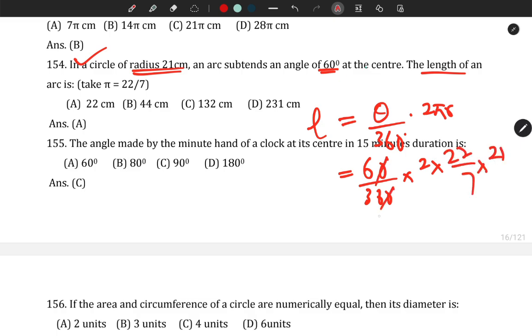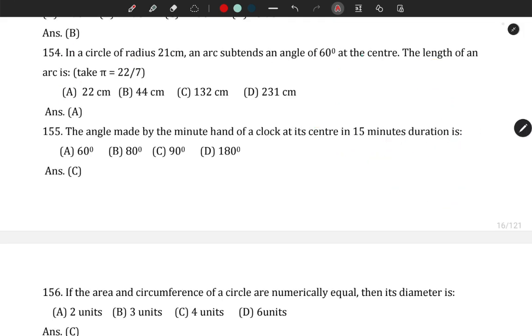So let's cancel the 0 here. 6 into 6 is 36, 6 7s are 42, 7 3s are 21, 2 1s are 2, 3s are 6, then this 3 can be cancelled, so we are left only with 22 centimeters. So the correct answer is 22 centimeters.